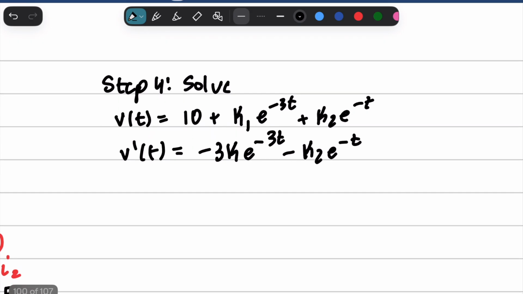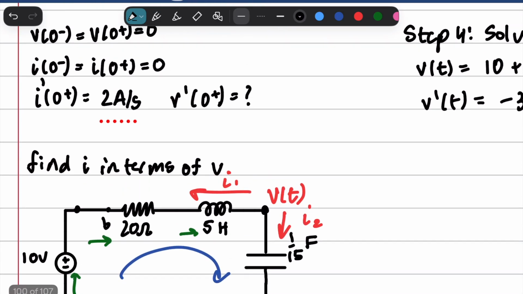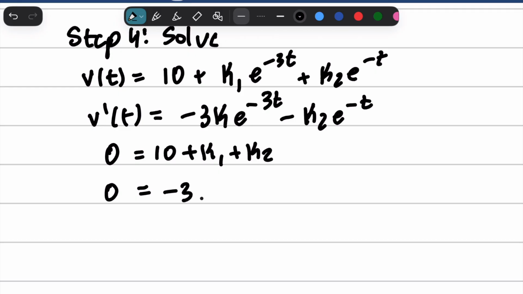And when we plug in our initial conditions, we saw that our initial conditions were 0 and 0 for voltage. So we just get 0 equals 10 plus K1 plus K2. 0 equals -3K1 minus K2.